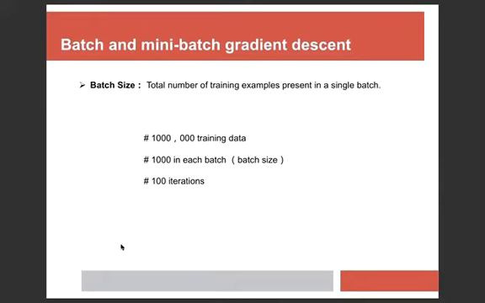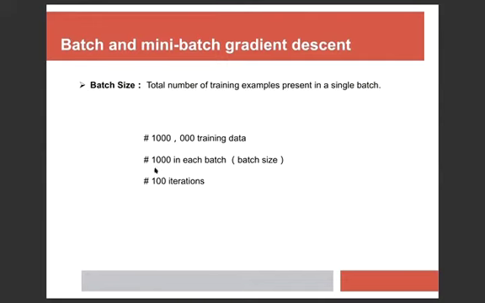For example, if we have 1 million training data, we may divide it into batches of 10,000 each, and in this way we would have 100 batches.